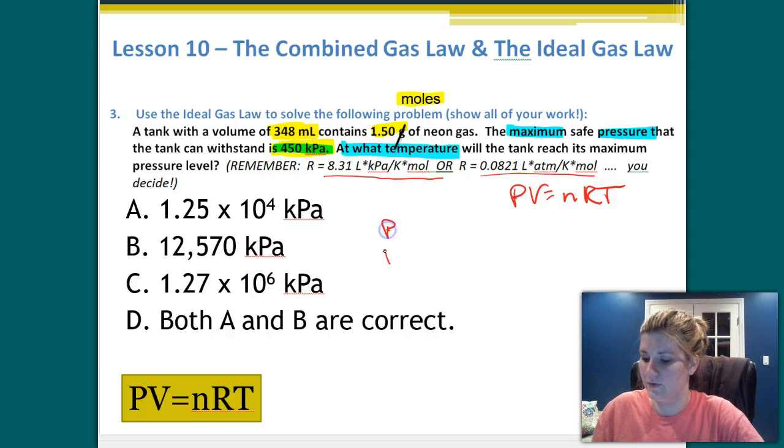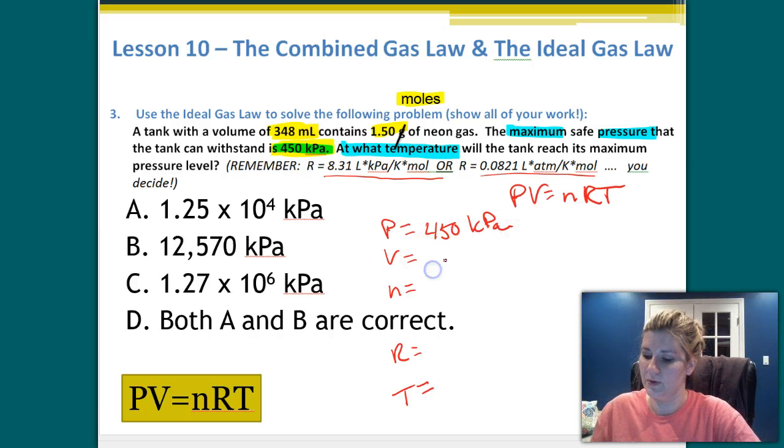Okay, pressure, volume, n, R, and T. Max pressure is 450 kilopascals. Volume is 348 milliliters. Number of moles, 1.5. And the question is at what temperature? So we're going to be solving for T.